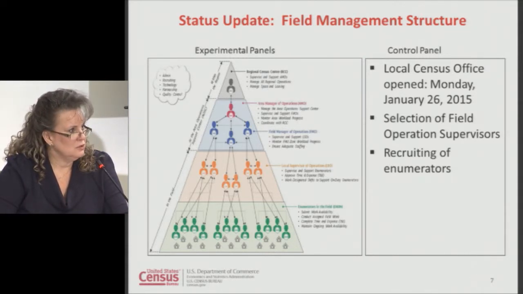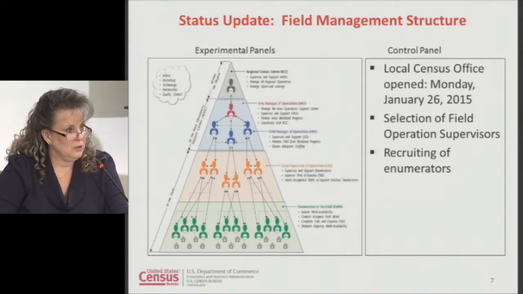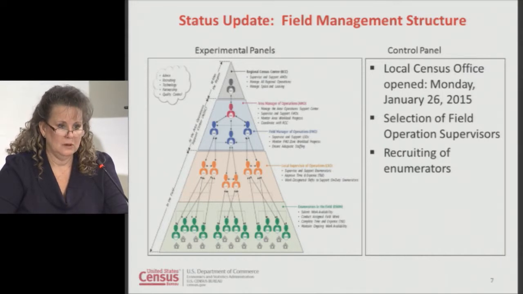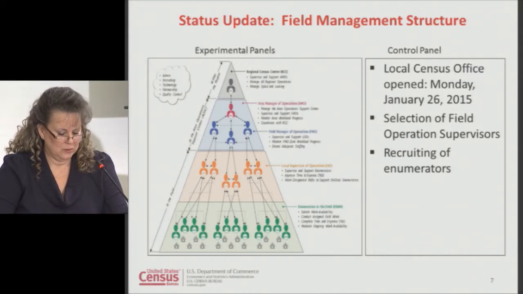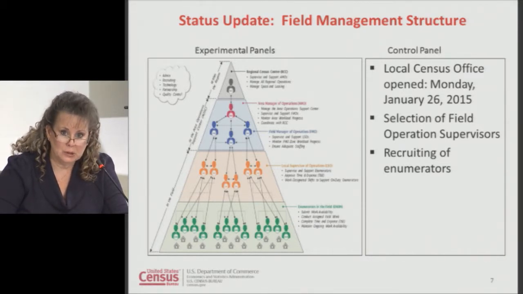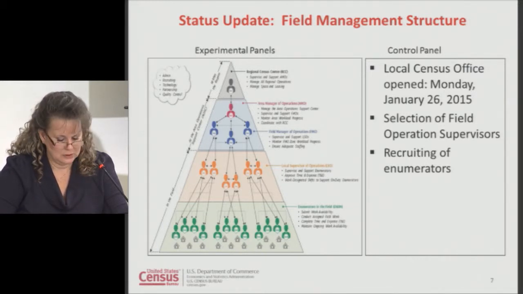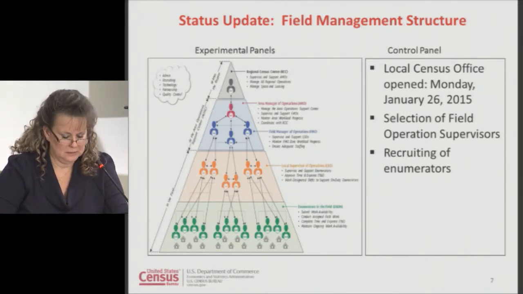We have selected all 6 of our field operations supervisors and have selected most of our crew leaders and crew leader assistants. And in addition, we have begun the selection of the enumerators for the control panel. Training on the operational control system that is similar to what was used in 2010 for the local census office staff is occurring this week, with training for the field operations supervisors scheduled for next week.